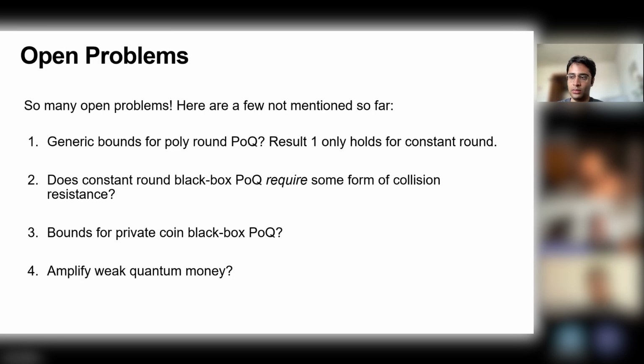But for POQ, we actually know that random oracle would suffice. So if you really want to show that you cannot do it with something weaker than collision resistance, do we have any approaches or techniques for showing this kind of stuff?